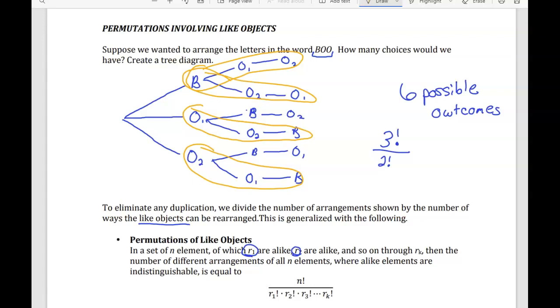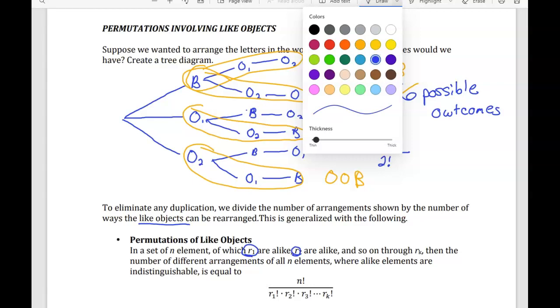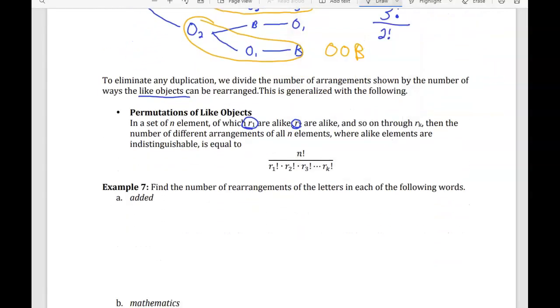So I actually only get 3 outcomes that are completely different. I get BOO, I get OBO, or I get OOB. These are the only 3 actual outcomes that I can get that are not duplicated. And so that's what we have to be careful with whenever we do have those duplications.